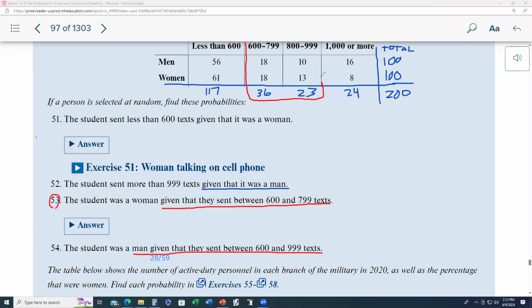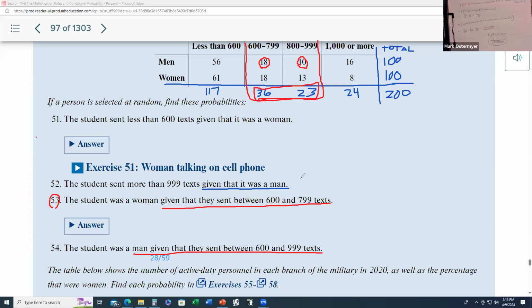We're locked into these two columns, aren't we? Now that we're locked into these columns, what then is the probability that a student selected was a man? Well, how many men do we have in these two columns? We got 18 plus 10, which is 28, divided by the sum of these two columns. Do you agree?